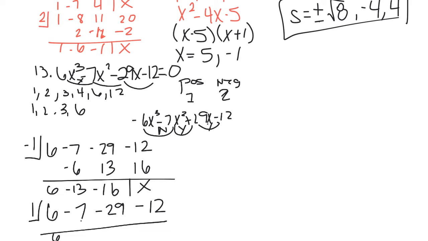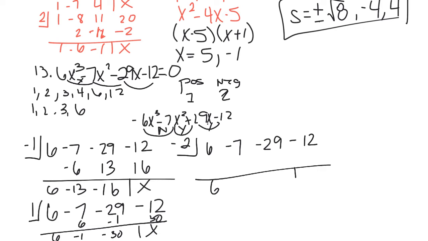So that's 6, negative 1, negative 30, and that doesn't work either. Let's try negative 2. 6, negative 12, negative 19, positive 38, and negative 18, which is not 0.